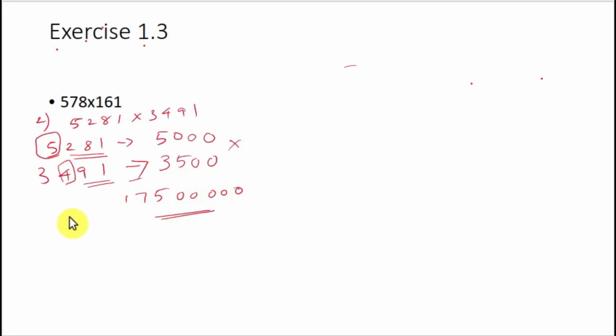The estimated product. Here see 1291 into 592. Here 1291, I am going to round off to the nearest 100. So what happened? 91 is close to 100.